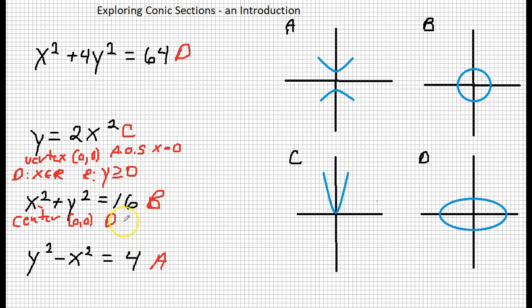So, -4 is less than or equal to x is less than or equal to +4. And the range is going to be the same because it doesn't go above 4 or below -4. So the range, -4 less than or equal to y less than or equal to +4. Okay, so that is our circle.